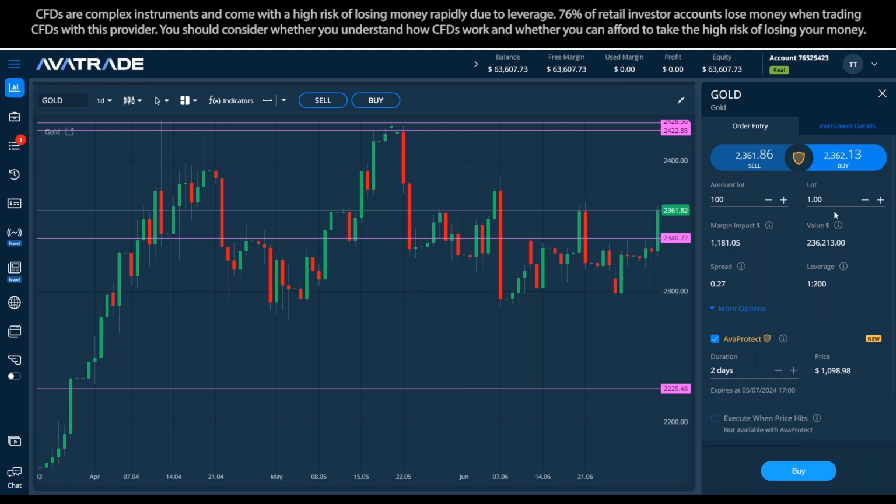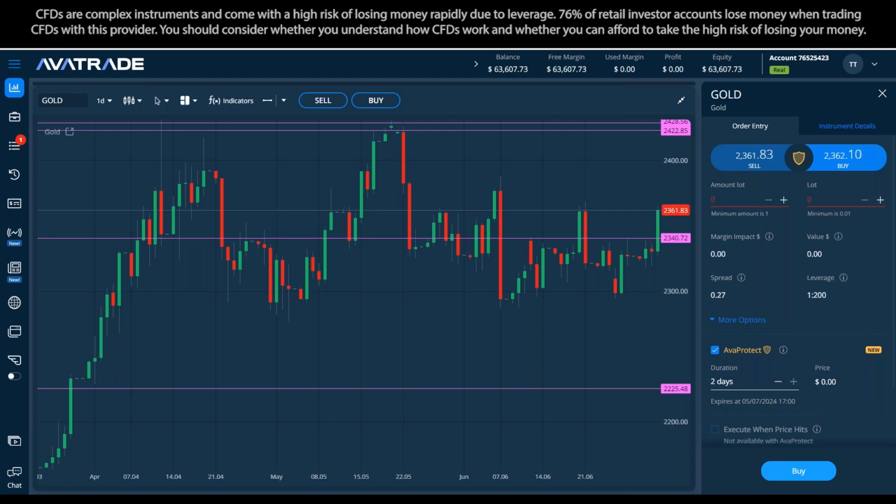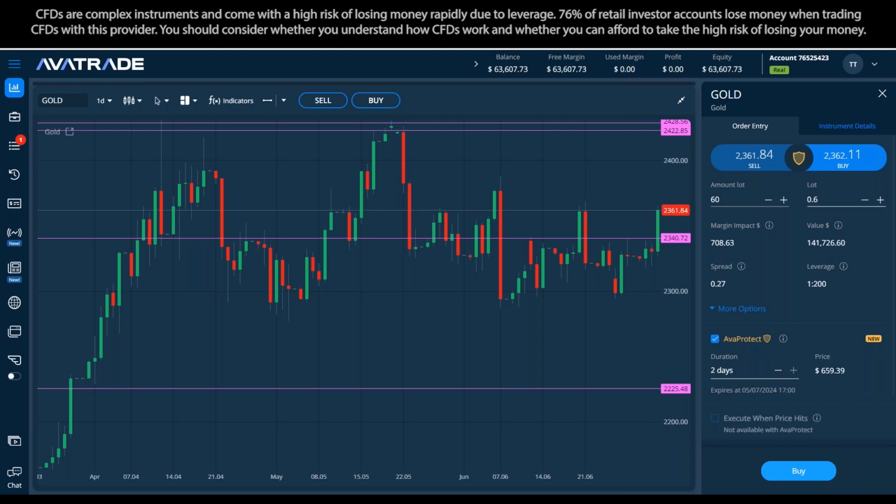So again, I'm going to stick to my plan of only risking 1% or so per trade. You can risk the amount you want per trade, but if I go 0.6, now my cost for this protection is around 1% of my balance. Go 0.55 maybe, get me closer, 0.57.